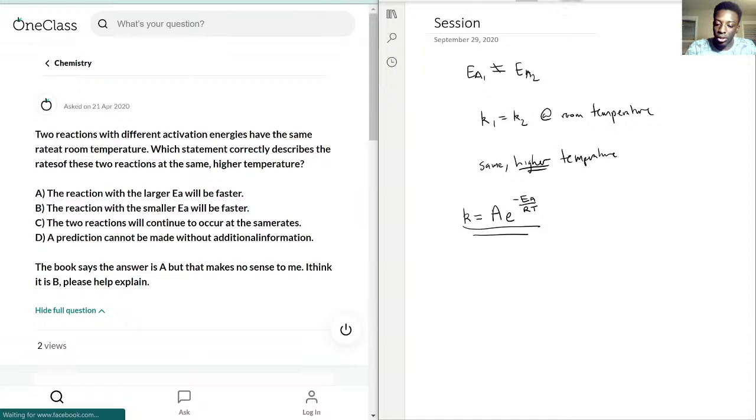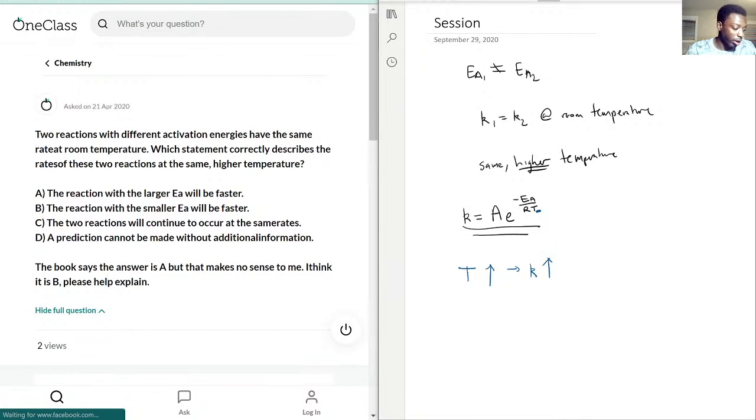The two relationships you have to focus on in this question: because temperature is the denominator here, if temperature goes up, you're going to have a smaller negative number, meaning that e will not be diminished so much. So in a sense, a higher temperature means a higher value for e, meaning that, according to the laws, when temperature is increased, which would make sense, the rate should also increase.